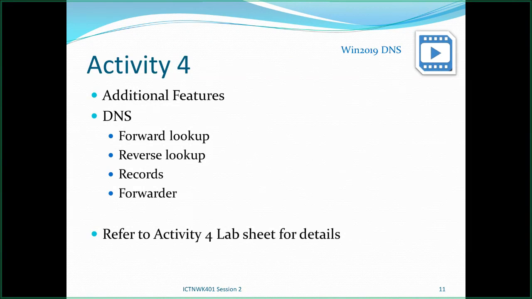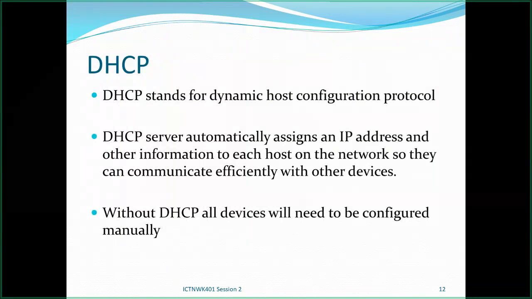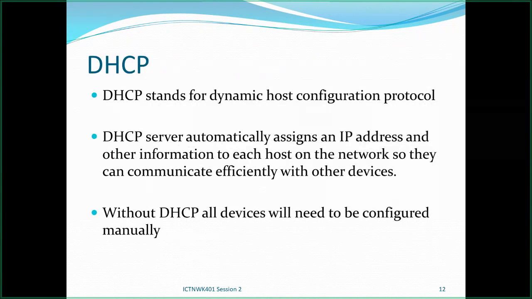The next section is our lovely DHCP. Now, we know how to do this on a client. Client configuration is we just do automatic IP addressing, and whenever that device boots up, it sends out a request to get IP addresses. We know this already.